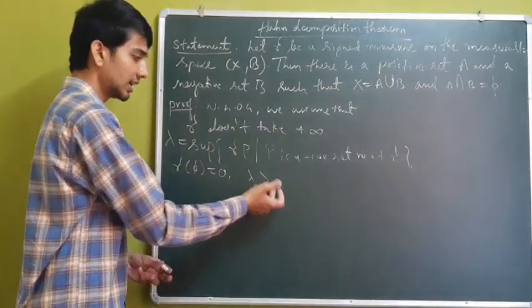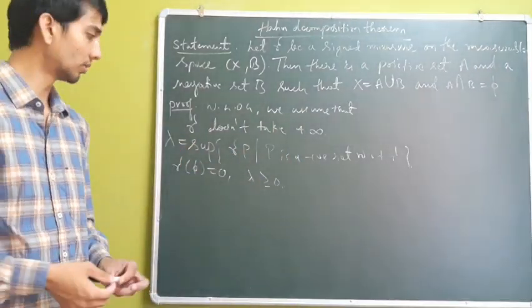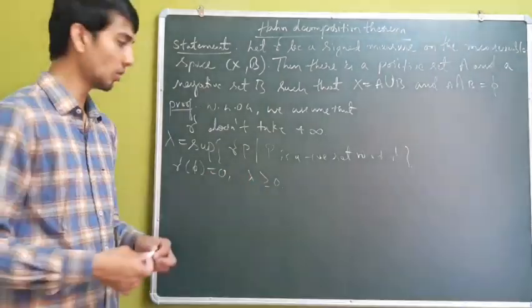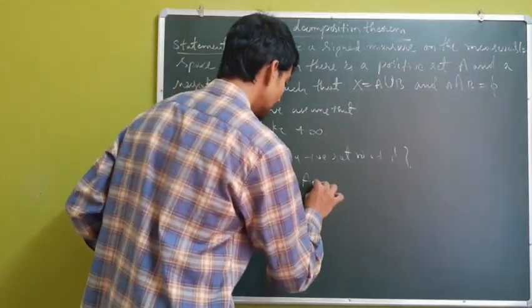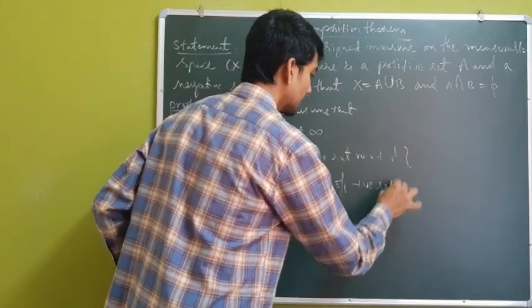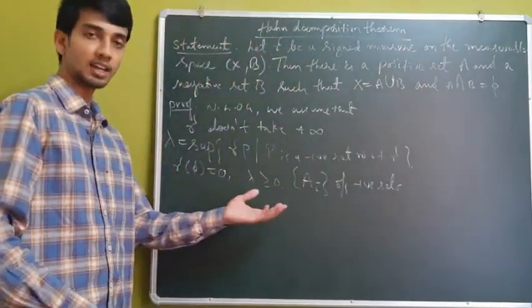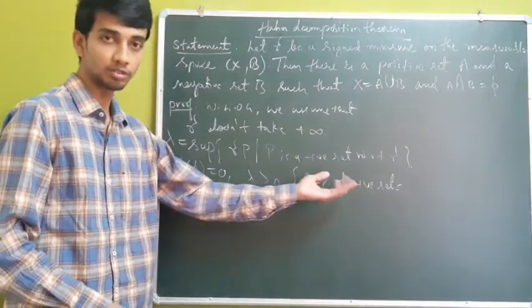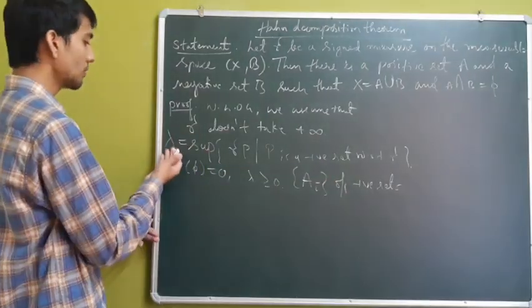So clearly lambda is greater than or equal to 0. Having lambda non-negative, I will consider a sequence A_i of positive sets.